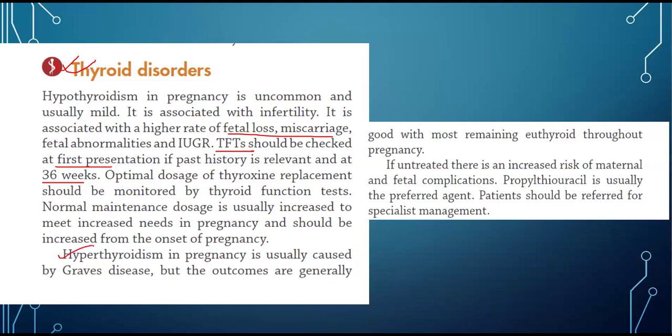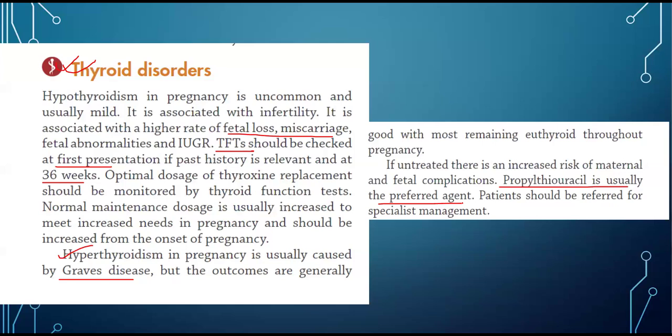How about hyperthyroidism? Hyperthyroidism is usually caused by Graves' disease, and propylthiouracil is usually the preferred agent. So this comes in exam sometimes, like let's say a Graves' disease patient now is pregnant. What will be your choice of anti-thyroid medication for her? So the common anti-thyroid that we use is carbimazole.